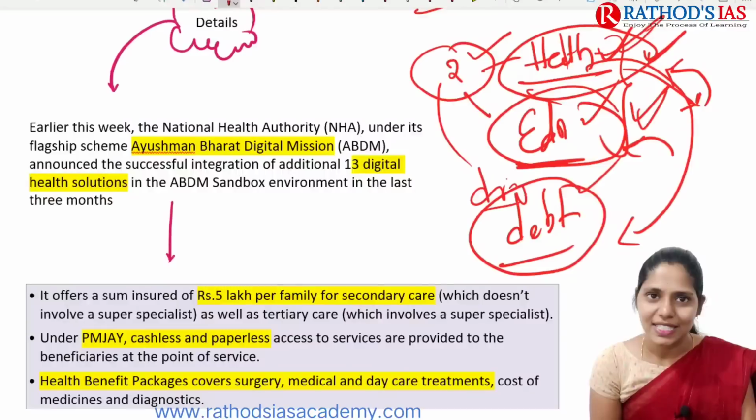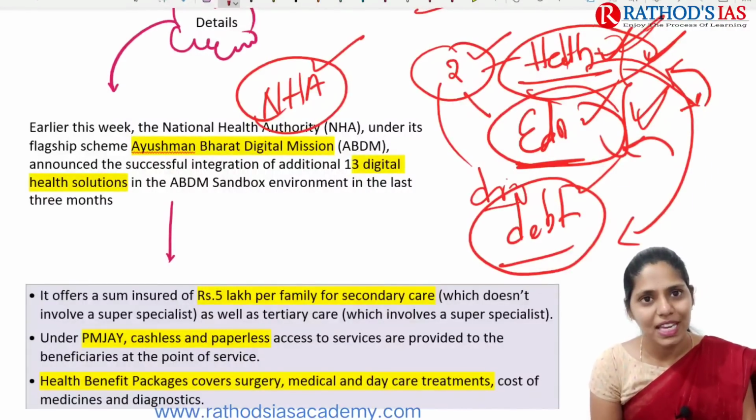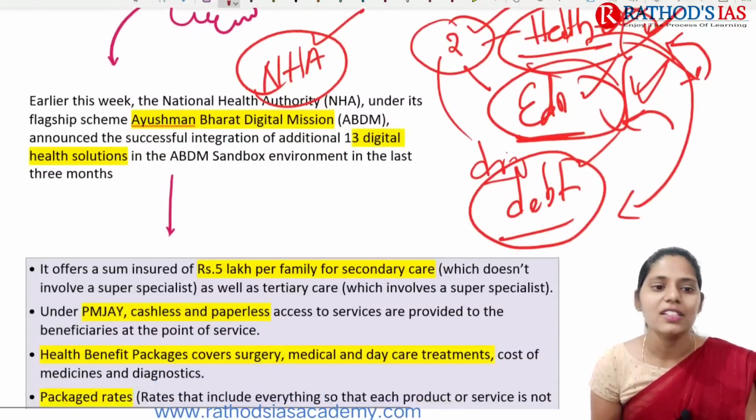So if you're talking about details, it mainly says that earlier this week, the National Health Authority, under the flagship scheme Ayushman Bharat Digital Mission, announced the successful integration of an additional 13 digital health solutions in the last 3 months.